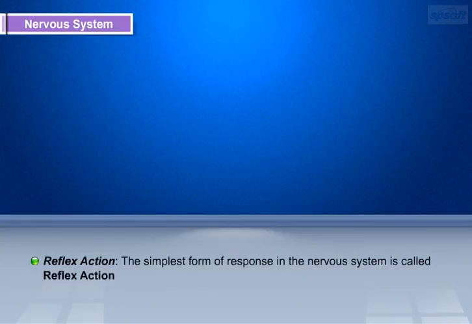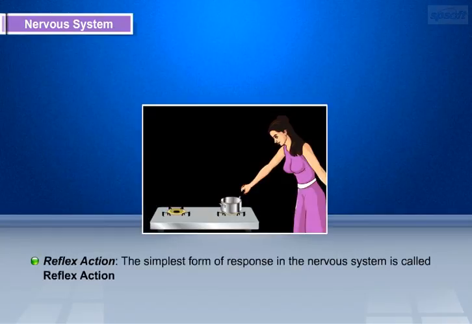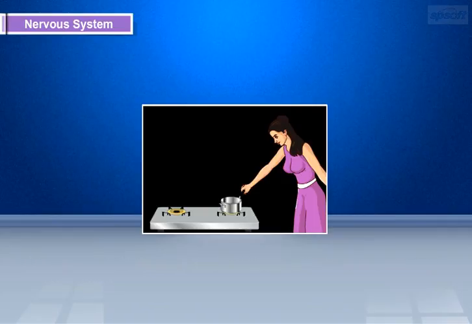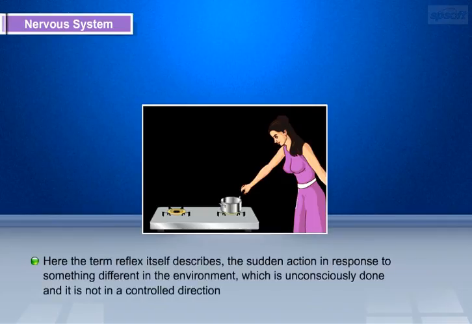Now, let us discuss reflex action and reflex arc in the peripheral nervous system, that is, PNS. Reflex action. The simplest form of response in the nervous system is called reflex action. It is an involuntary action by the body.